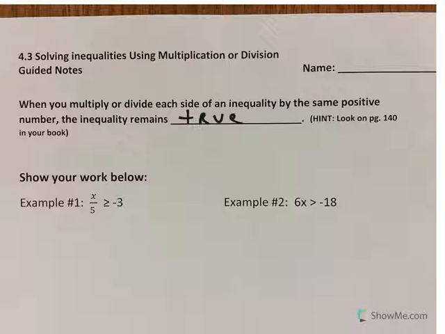So example number 1, you have x divided by 5 is greater than or equal to negative 3. So again, the idea of solving this inequality would be to get the x all by itself.